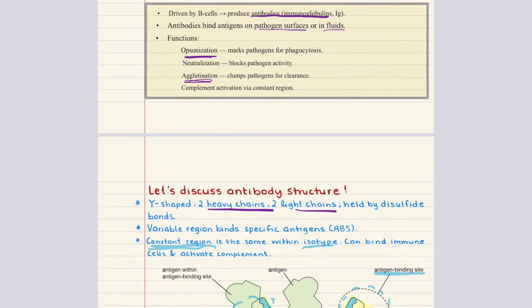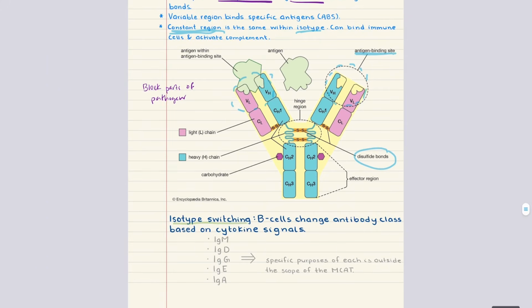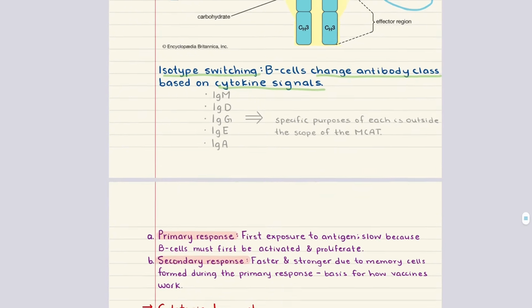Now, some antibodies can also trigger degranulation of immune cells, which can cause the release of toxic compounds that help destroy the pathogen. B cells can undergo a process called isotype switching, in which they change the class of antibody they produce in response to cytokine signals from other immune cells.